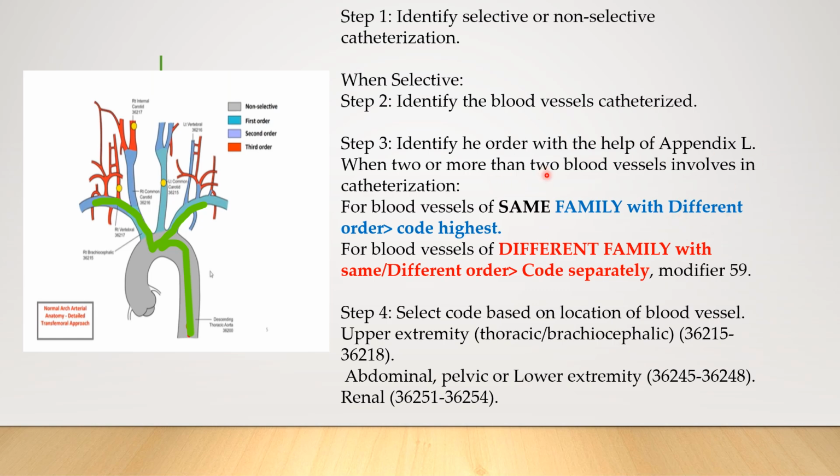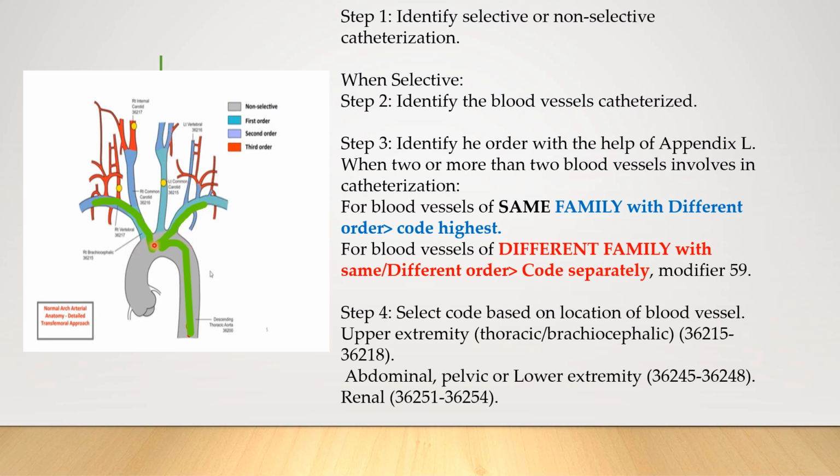When two or more vessels are involved in the catheterization, for blood vessels of the same family with a different order, code the highest. And for blood vessels of a different family with the same or different order, code separately. So I'm going to explain this. Whenever you talk about the same family, this is one family, remember, and this is another family, and this is another family.